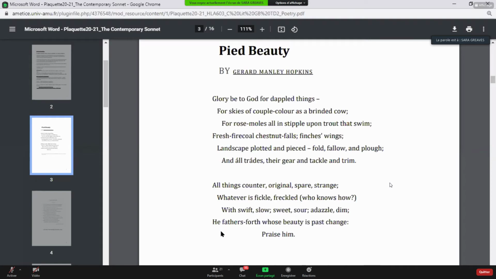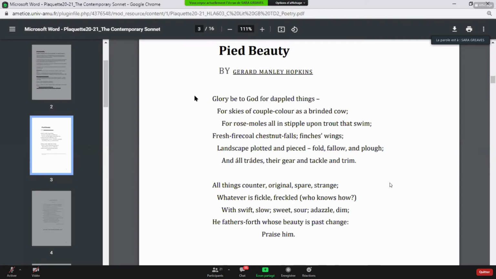Well, I suppose it's perhaps not that easy to determine, but isn't there an effect of a couplet at the end with "He fathers forth whose beauty is past change: Praise him"?